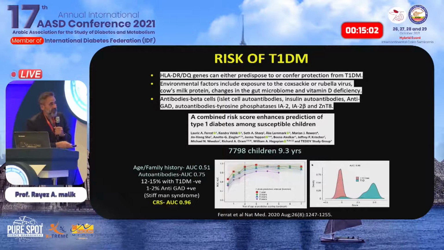And you can see here the AUC differentiating those people who developed type 1 diabetes from those who were free of diabetes was 0.96. And this is a score that's available that you can use to predict whether or not somebody gets diabetes. So that's type 1 diabetes in a nutshell.